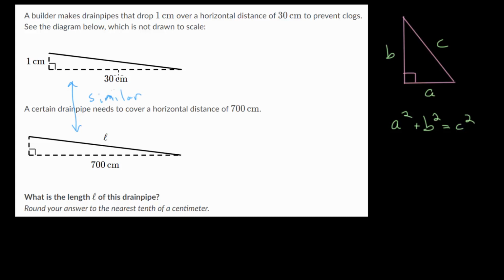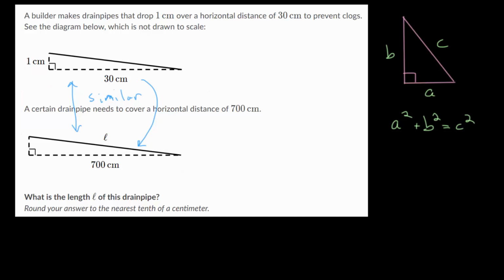They have all the same angles and their sides are proportional. So basically, we multiplied this 30 centimeter side by a certain amount, and this 1 centimeter side would also be multiplied by that same amount. And you can figure that out by setting up proportions.